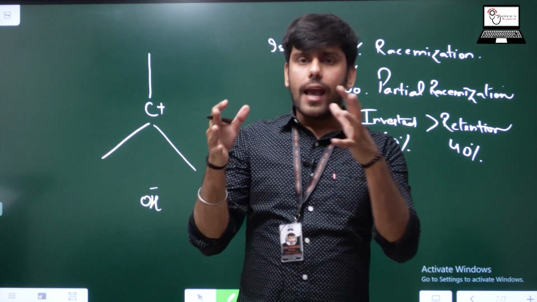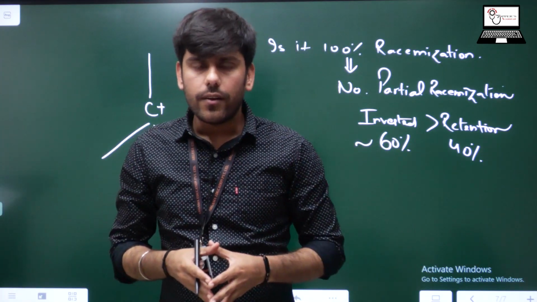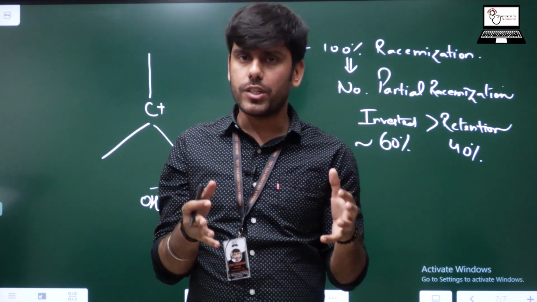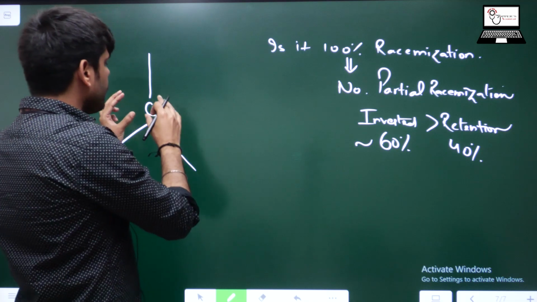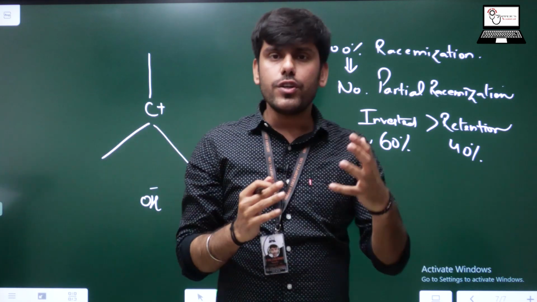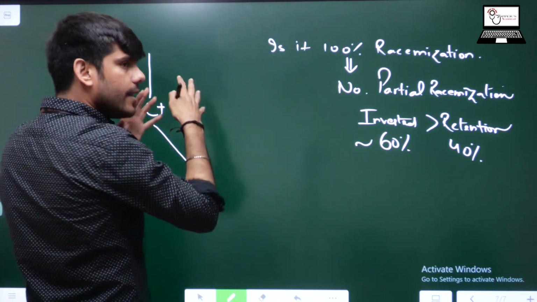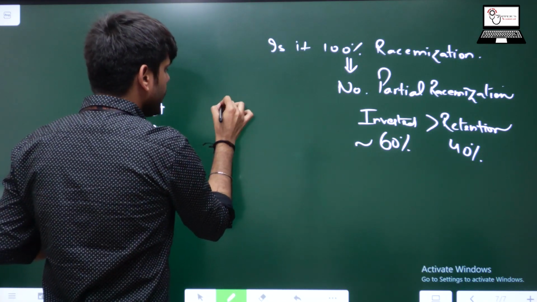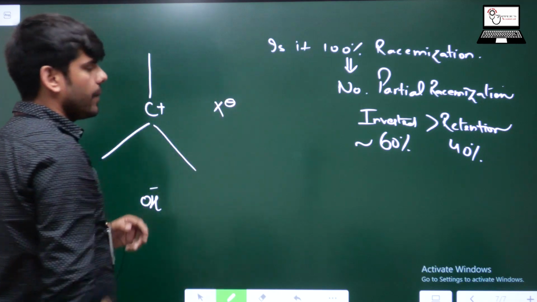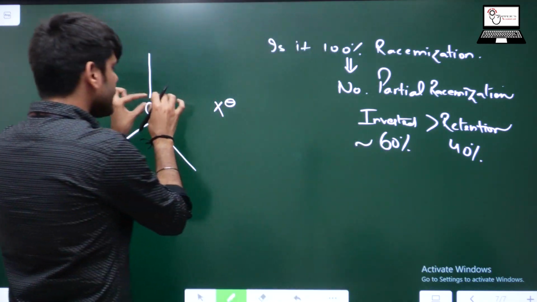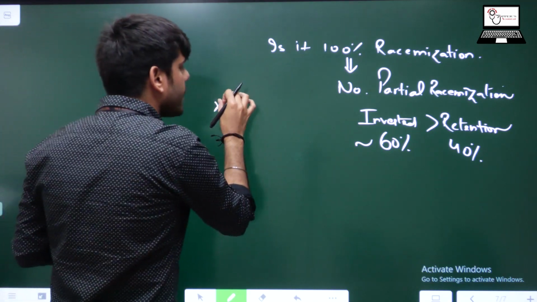This reaction is taking place in some vessel, so we have the polar protic solvent, and the halogen which leaves this substrate molecule is there in the reaction mixture only. So we have the plus sign on this carbon, and negative on this halogen.